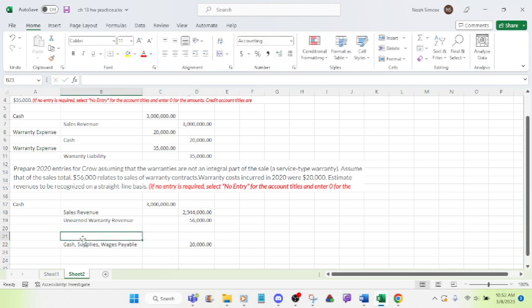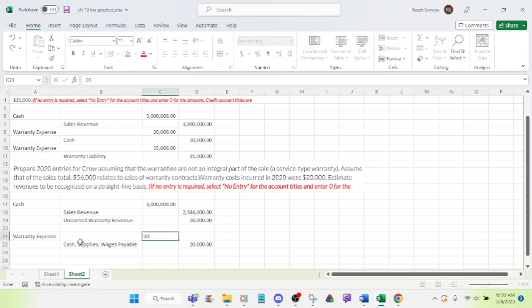And then, is it just that you undo? Well, you would have warranty revenue. Okay, and warranty revenue. Wait, do you do all these in the same entry? No. First of all, you do warranty expense here.